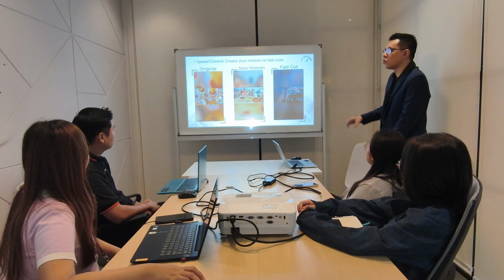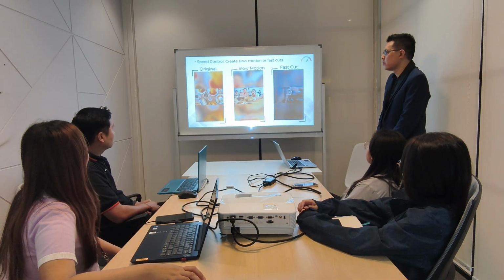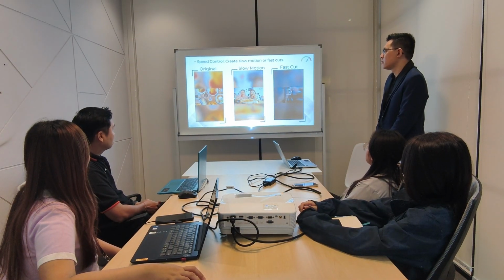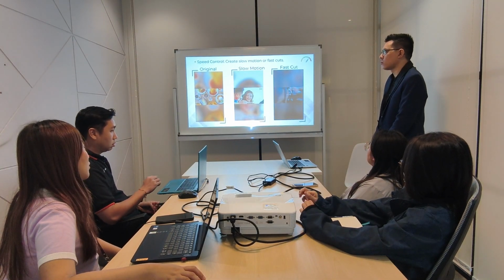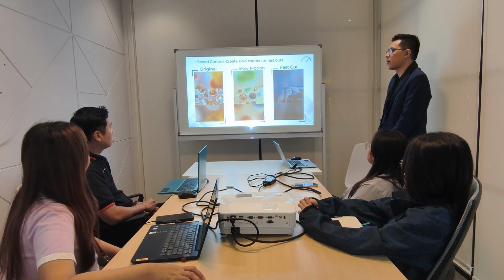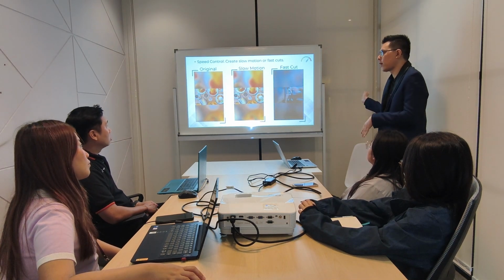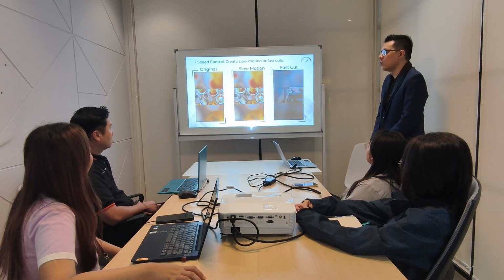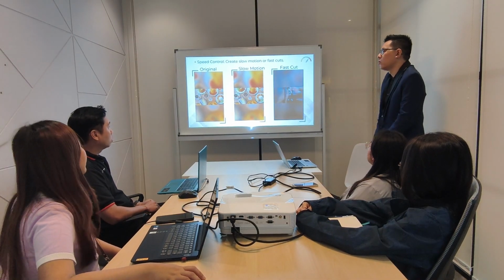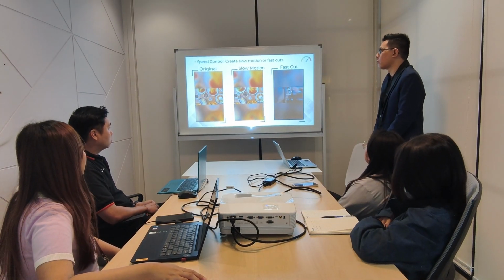So this is the slow motion effect. Slow motion is normally used when you want to show the details of a certain scene. Because sometimes the scene changes too fast and you cannot see the details. Then you can put slow motion, like how the water drops down. This is the main purpose of slow motion.